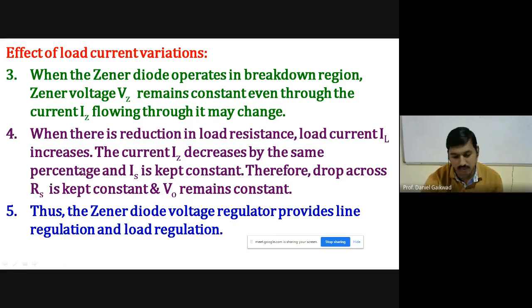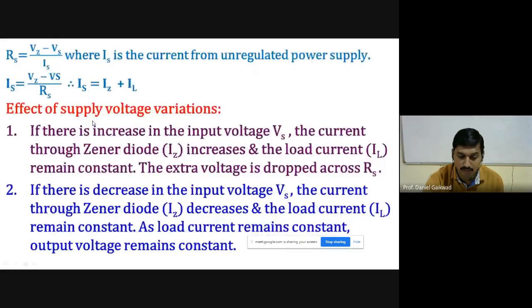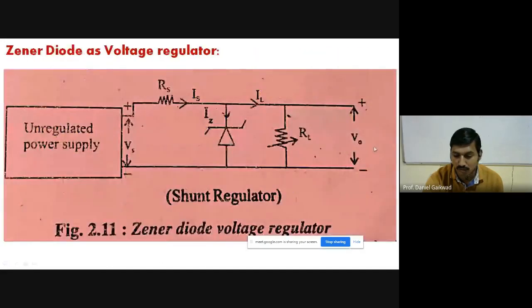This can be understood with the help of a diagram. Suppose there is a decrease in load resistance. If load resistance decreases, then the current will increase. Current and resistance are opposite to each other. As IL increases, Is will remain constant, so Iz decreases and IL increases.